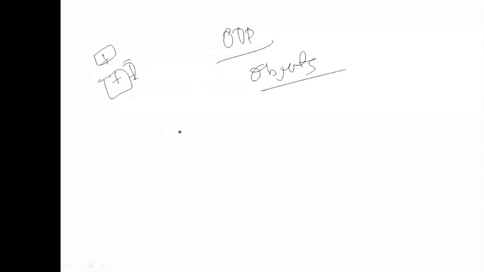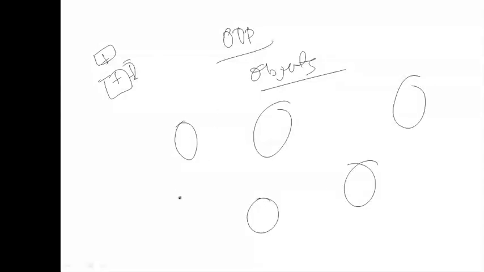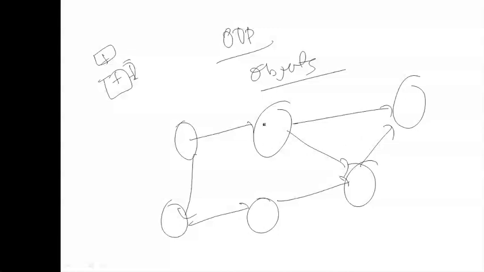Then the next is the object oriented programming structure, where everything is not in terms of function, function, function, but in terms of objects. So here you have one object, another object, another object. The program looks like this: these objects are related with each other and form the pattern or the solution for any particular problem.